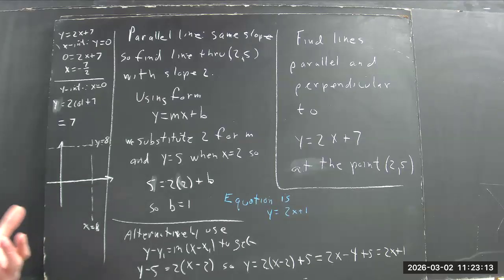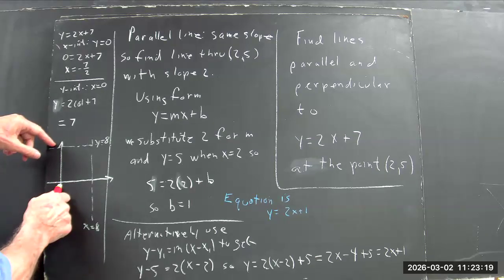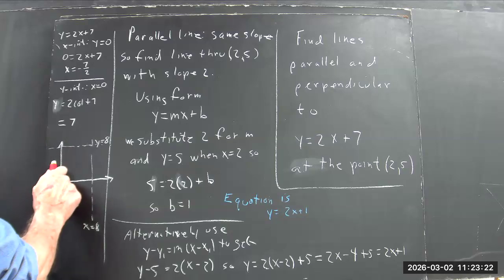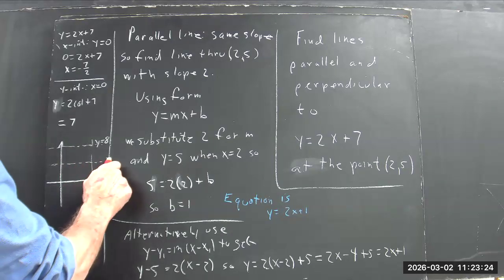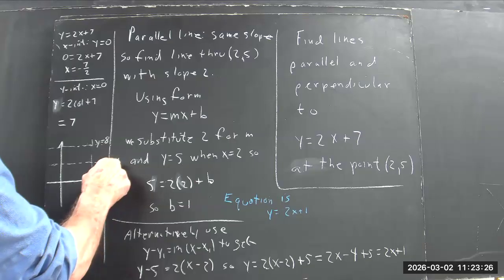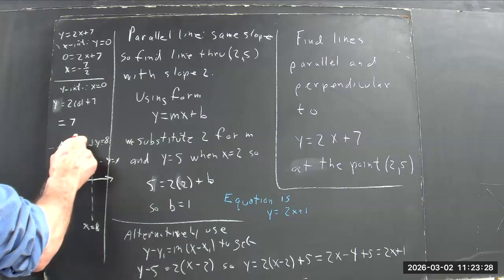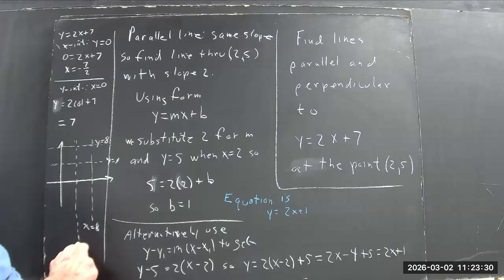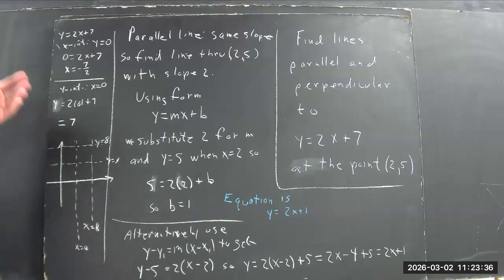It gives you a better scale for the graph. Because now I can draw the line halfway between y equals 8 and y equals 0, and that's y equals 4. And halfway between x equals 8 and x equals 0 is x equals 4. So I know where 0, 4, and 8 are on both axes.